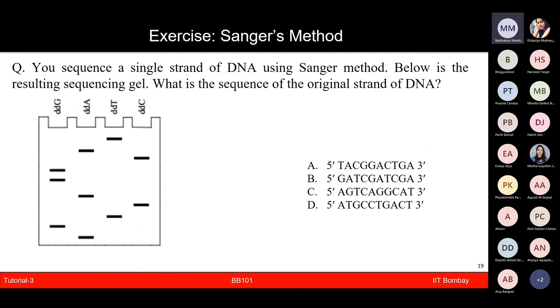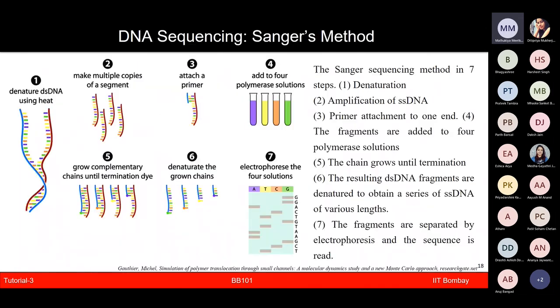So you sequence a single strand using the Sanger method. Below is the resultant sequencing gel. What is the sequence of the original strand? Now, moving back to this, you can see the image number 3. The red strand is the original strand, okay? And the blue strand, that is where you are putting the primer, all the growing is going on, okay?